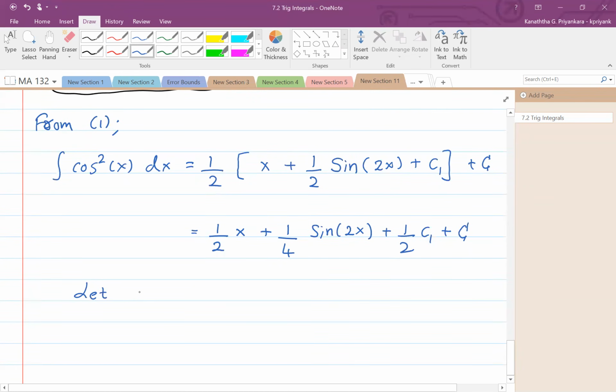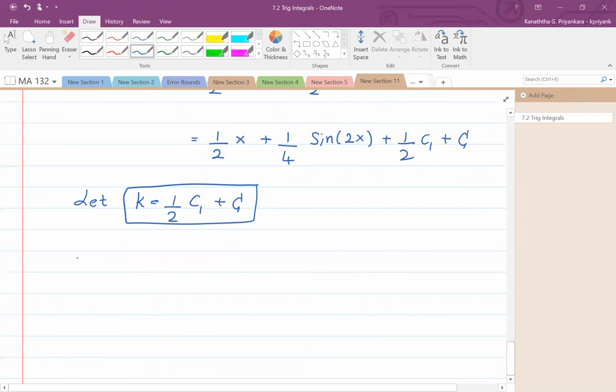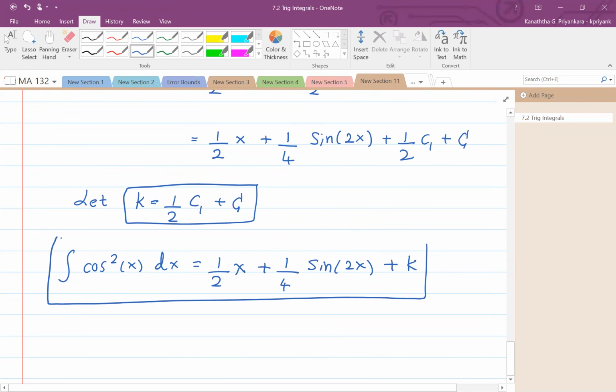So let k equal 1/2 c1 plus c. Then I can write this integral, the integral of cosine squared x dx, as 1/2 times x plus 1 over 4 times sine 2x plus constant k. So that would be the integral.